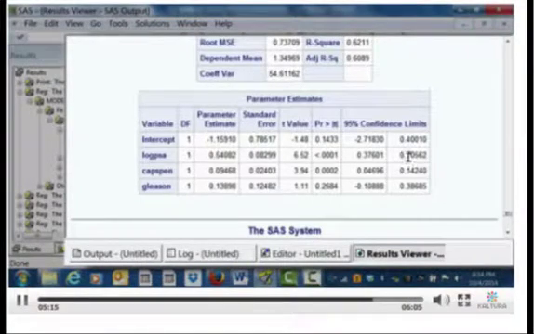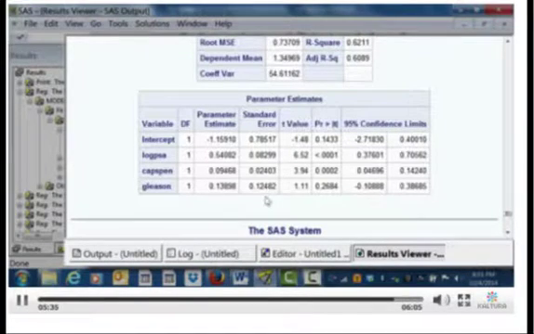So you can see if you look at these confidence limits, these do not include 0, again indicating that the null hypothesis that beta for log PSA equals 0 is rejected. This p-value is also another way to look at that, and says that we would reject the null hypothesis that the slope for log PSA equals 0.